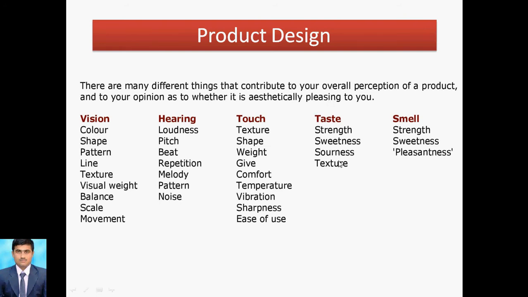Then taste: the customer checks strength, sweetness, sourness and texture. Then smell: strength and sweetness. These are the points selected for a product. They contribute to the perception of the product, and can improve the aesthetic views as well as the quality.